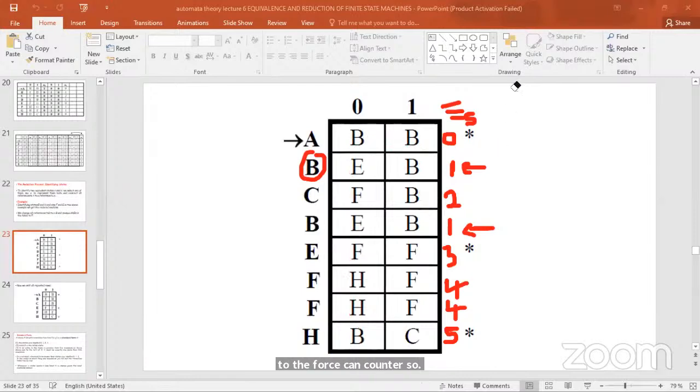Now you see that instead of writing D here, we have replaced it with B. It should be D that was here before. Here, it should be G. F, G, yeah, it should be G.